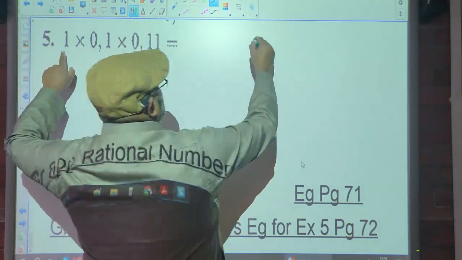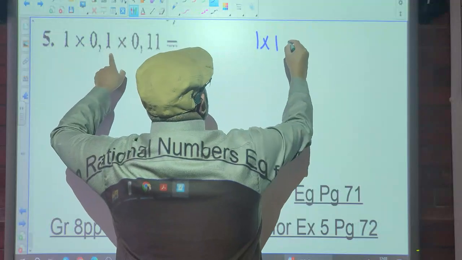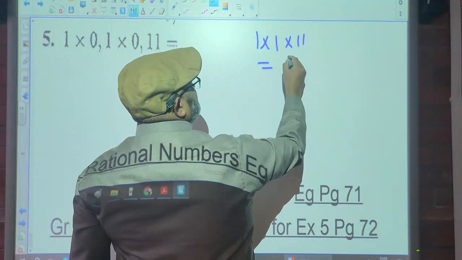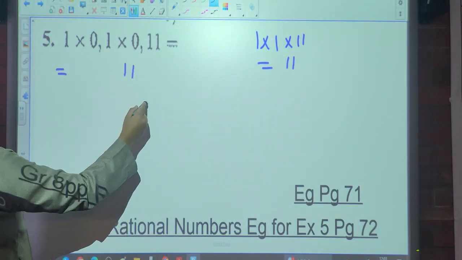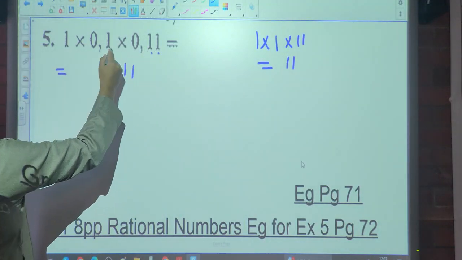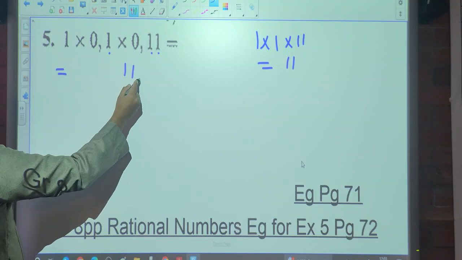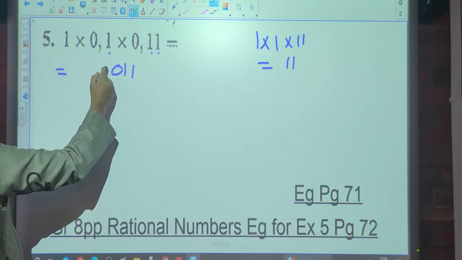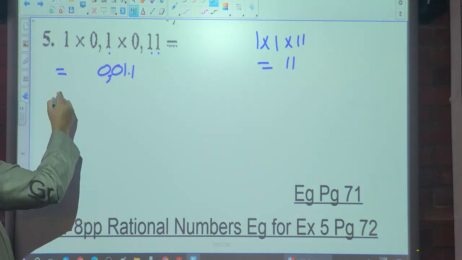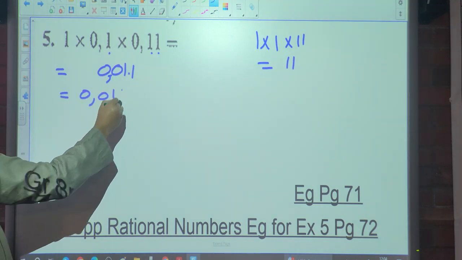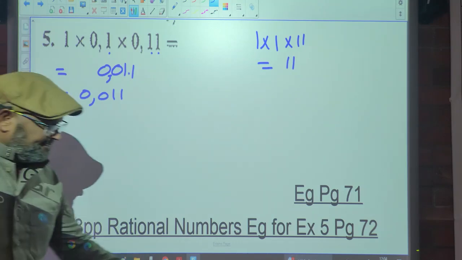1 multiplied by 1 multiplied by 11, which is 11. You get 11. So how many digits after the comma? 3. So your current line here is 1, 2, 3. So the answer is 0,011. Okay.